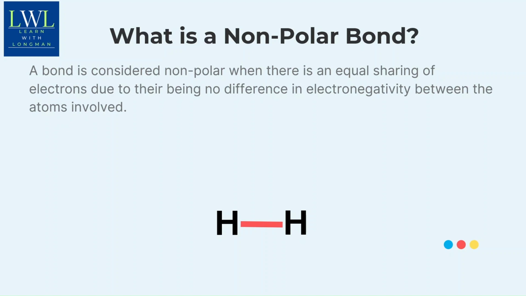For example, when two hydrogen atoms bond in the formation of H2, or hydrogen gas. Here, the shared electrons spend an equal amount of time around each hydrogen atom, and hence neither atom acquires a partially positive or partially negative charge. There are no poles to the bond, and therefore it is a non-polar bond.